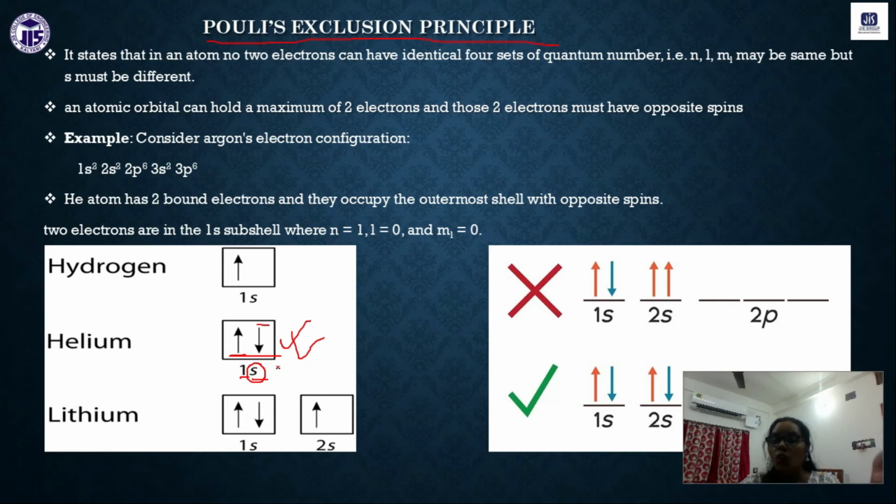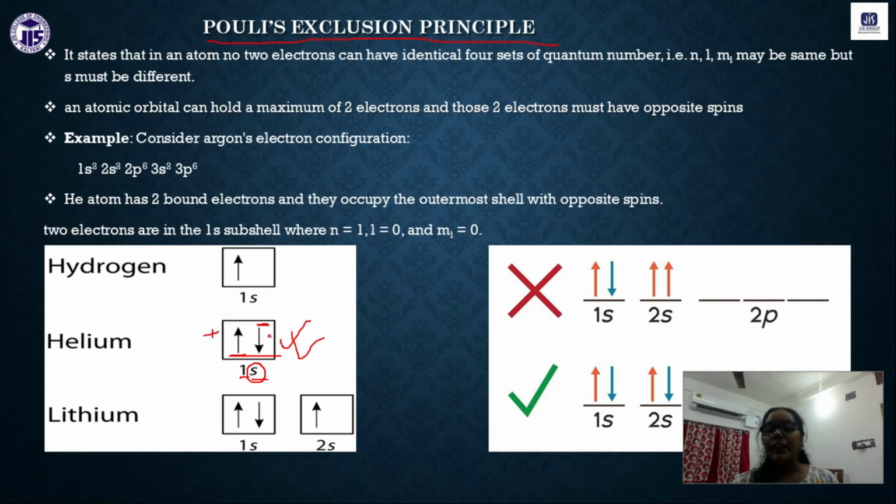So these three quantum numbers are the same for both electrons. You can see the fourth one, the spin quantum number: one is plus half, the other is minus half.